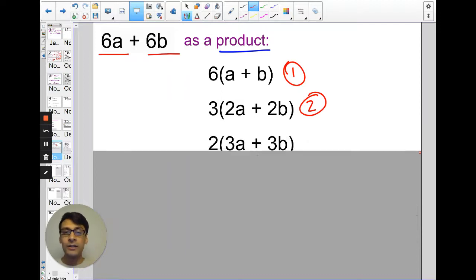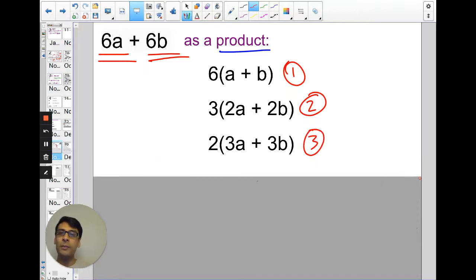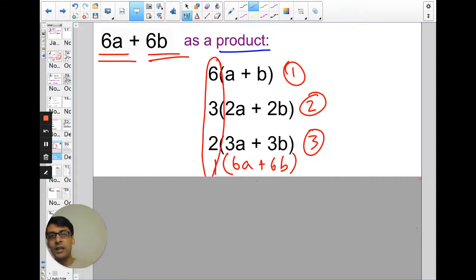Another way of writing it, you can take 2 out. 2 times 3a is 6a, 2 times 3b is 6b. Is there anything else we can take out? Well, we might take out 1, but we don't need to do that. So actually all of these are things that we've taken out and multiplied by various things.